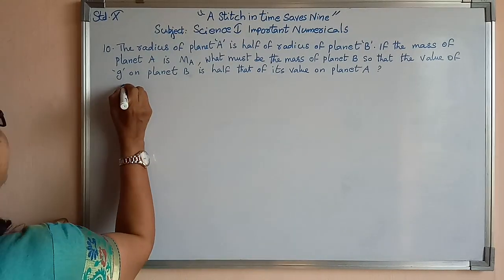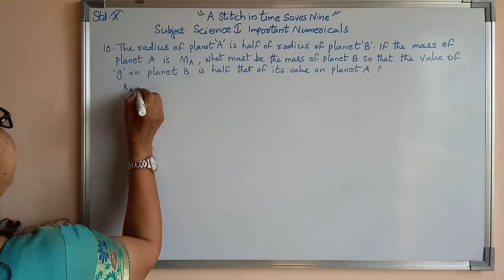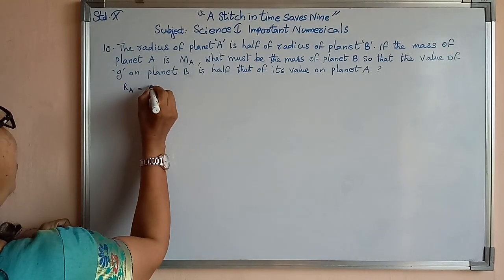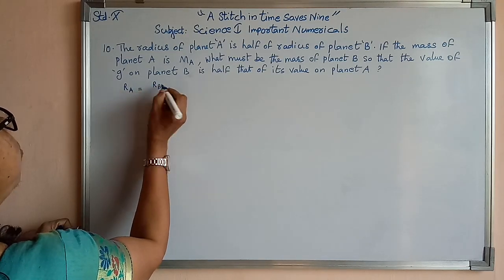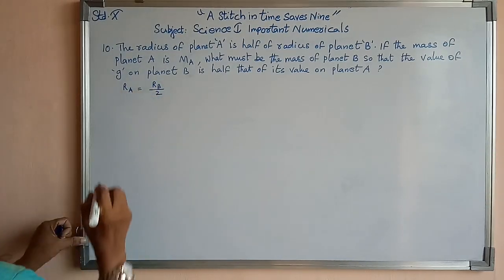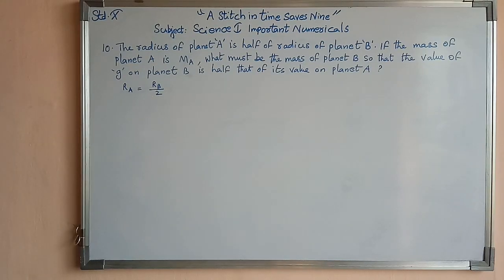Radius of A is equal to half of the radius of B. It's a half, just you have to divide with 2.